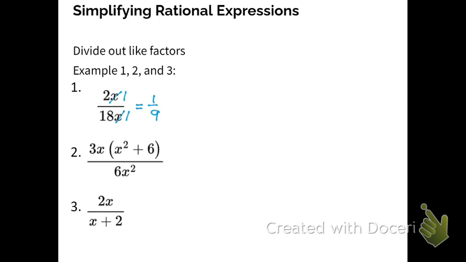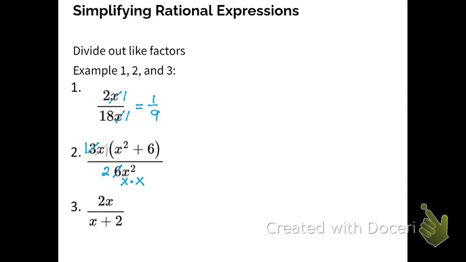Now looking at example 2, we've got the 3 over 6, which reduces to 1/2. And we have an x over an x squared. Remember that x squared means x times x. So if we're trying to simplify here, we've got one set of x's that are going to divide out to 1.